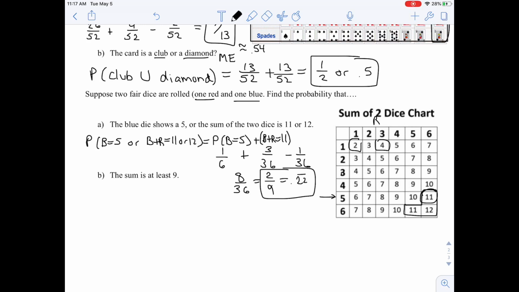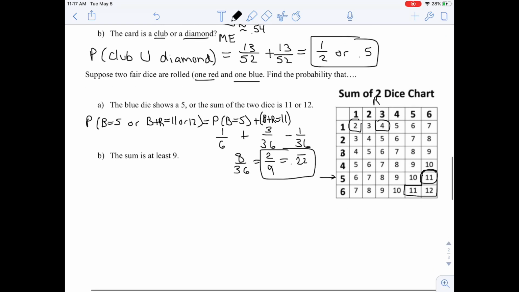And the last one is the sum is at least 9. So we're just talking about what's the probability that the sum is greater than or equal to 9. So it's just one event. So I want to look at this chart and just figure out at least 9. So we got 1, 2, 3, 4, 5, 6, 7, 8, 9, 10.